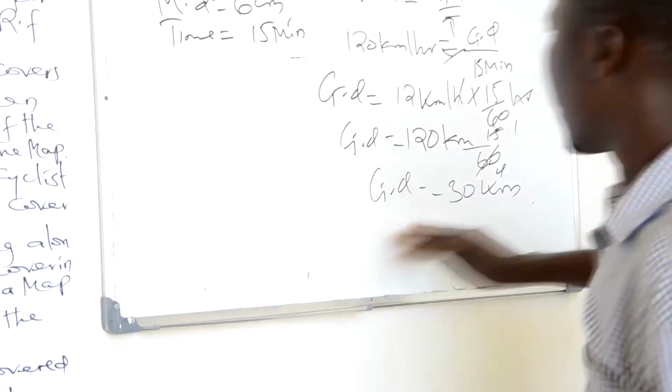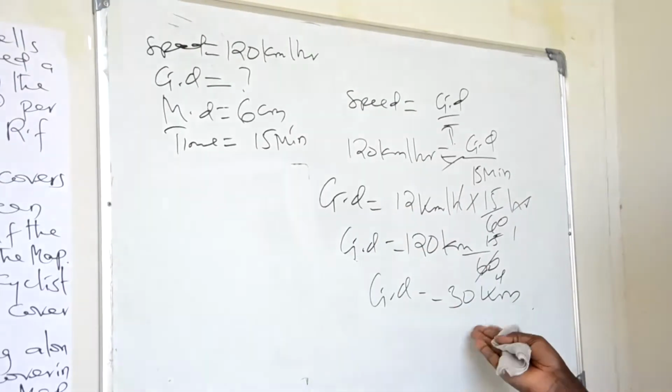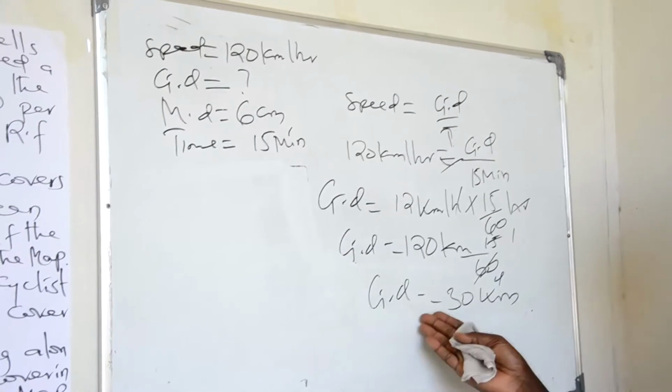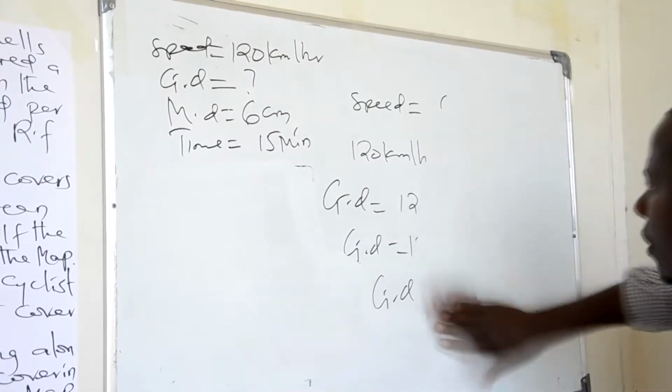After going over this, because after calculation we obtained this ground distance, which is 30 kilometers, we can start in a good situation so as to obtain the RF scale.